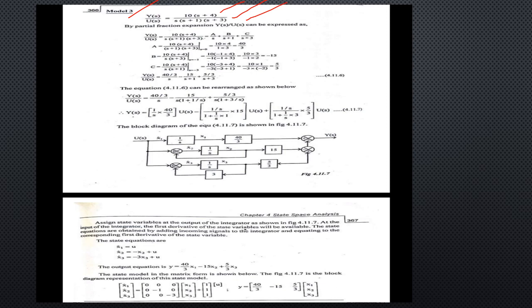From the obtained state diagram, assign state variables. From there we can find the state equation and output equation. Finally we can express the state equations as well as the output equation in matrix form. Then that represents the state model.